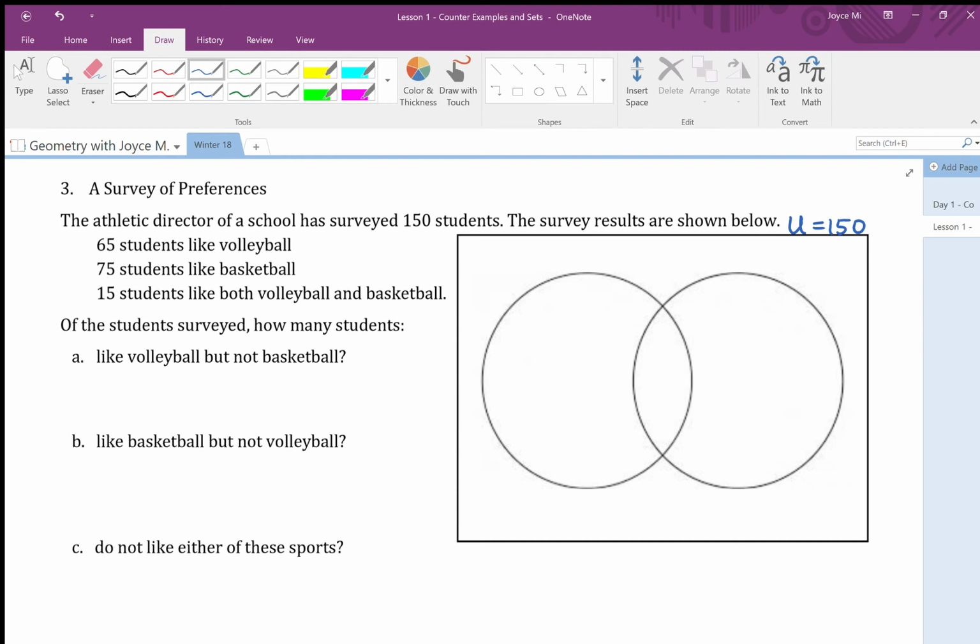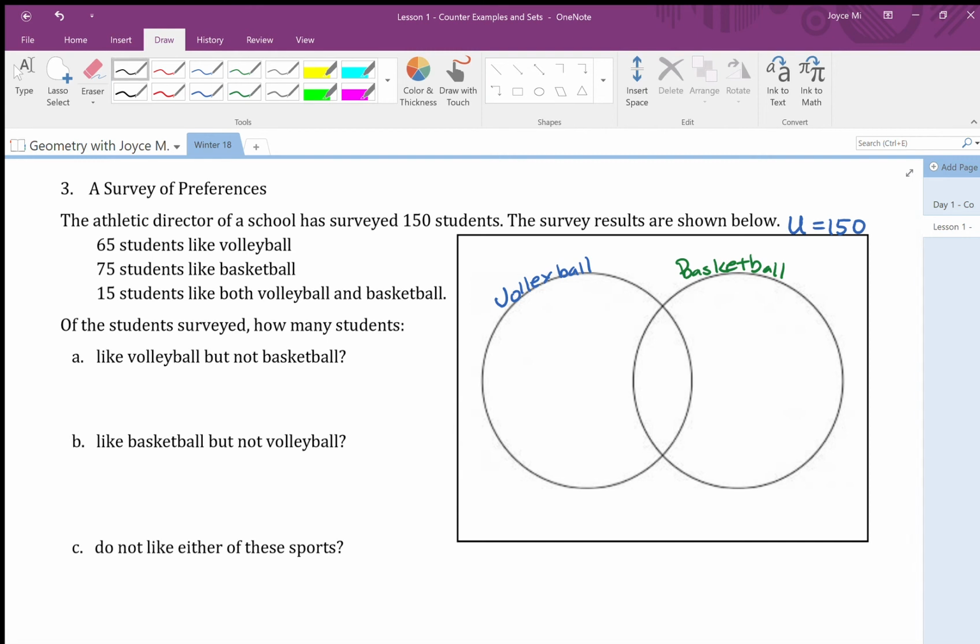This is a picture of a Venn diagram. There are two sports involved, basketball and volleyball. I'm going to label one volleyball and the other basketball, and I'm going to label the different regions.